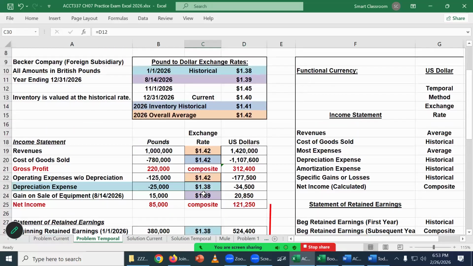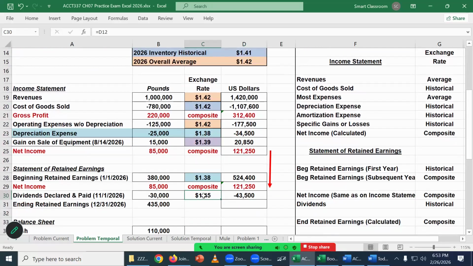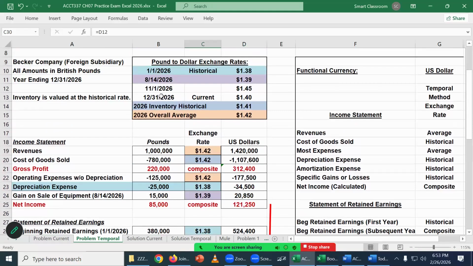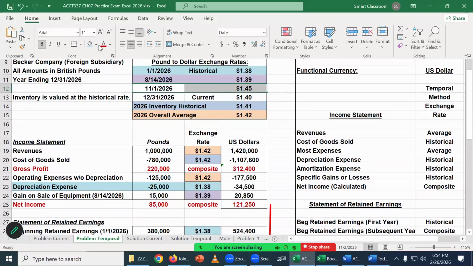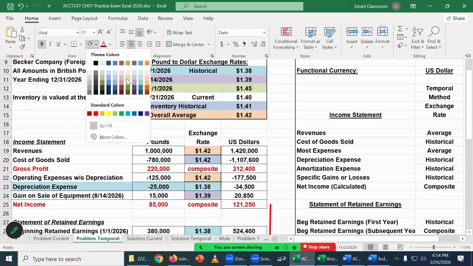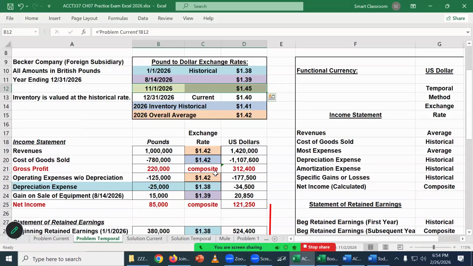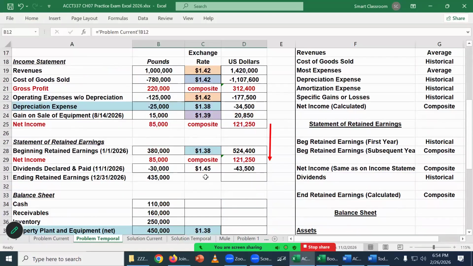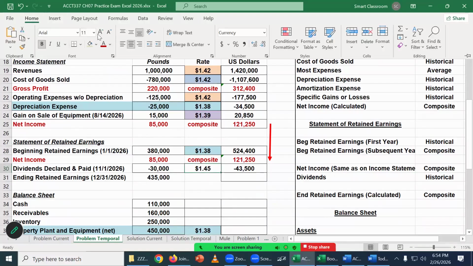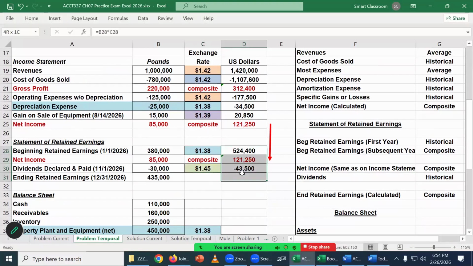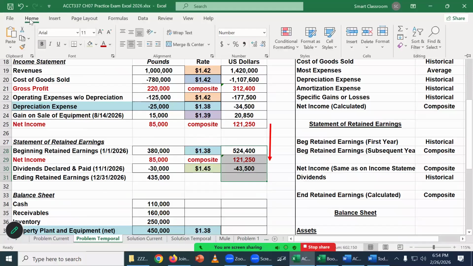So that would be, let's say, I didn't give that one a color yet. We got to give that one a color. None of this will make sense. Okay, so 145. And so this will be our ending retained earnings.